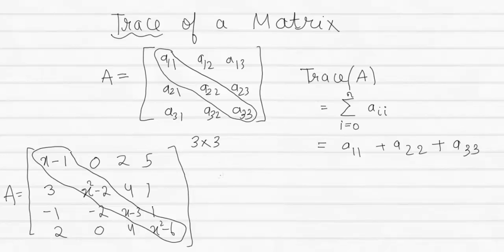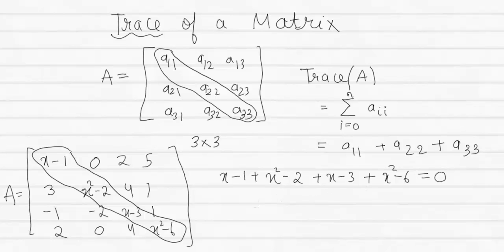So let's do that actually. x minus 1 plus x square minus 2 plus x minus 3 plus x square minus 6 is equal to 0, right, according to the given condition in the problem. And now we can simplify this a little bit further.